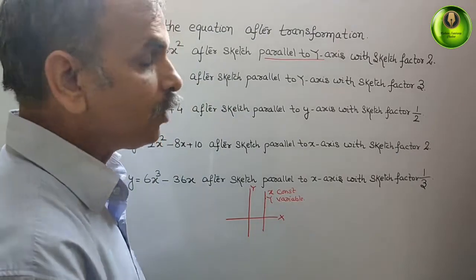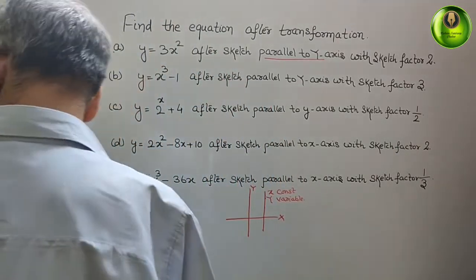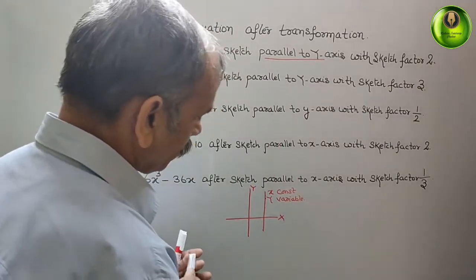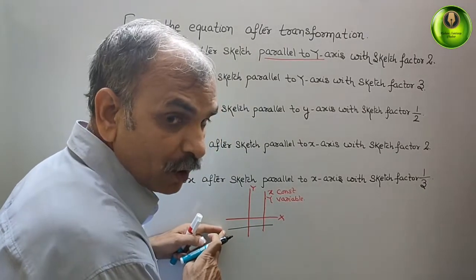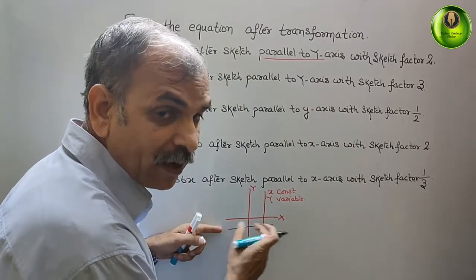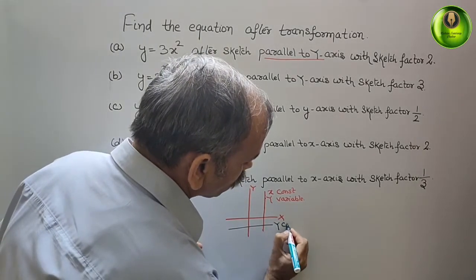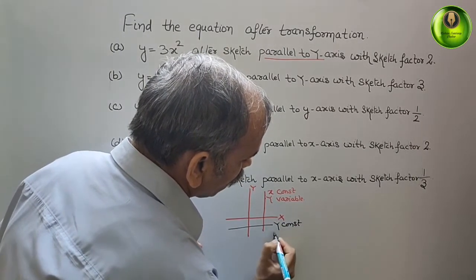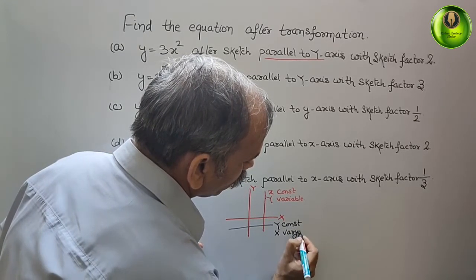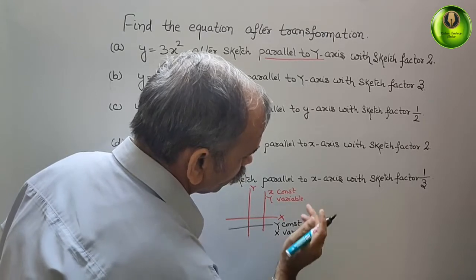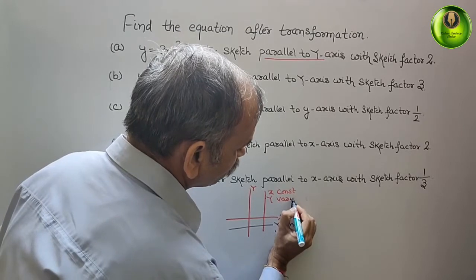But if you draw a line parallel to x axis, what happened? Your x is varying and y is constant. So here we can say y is constant and x is varying. Here also varying, not variable, varying.